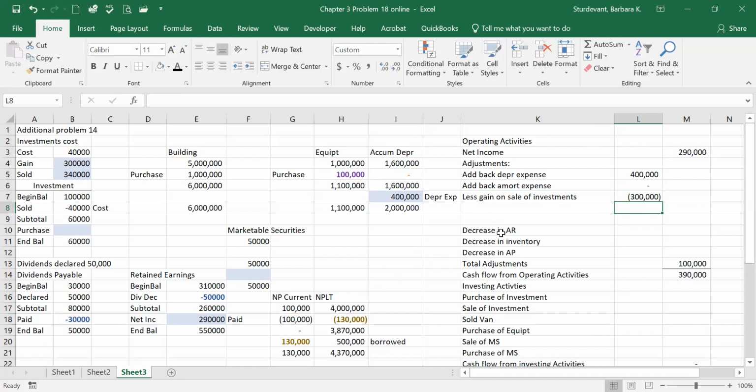So now go look at your balance sheet. Look at your current assets. Okay, they gave us no information about marketable securities, did they? Nope. So we don't have to do anything there.